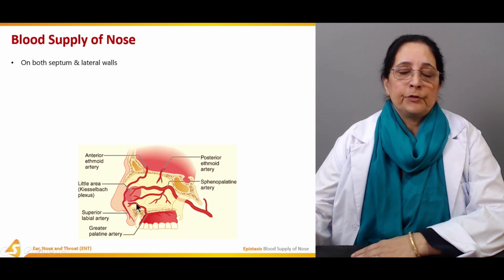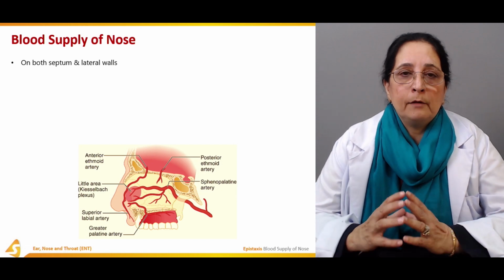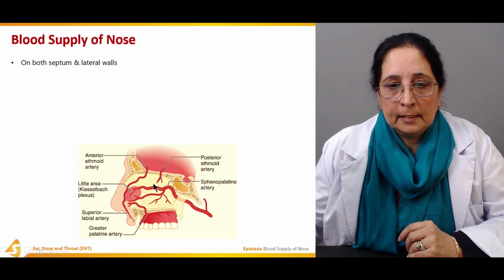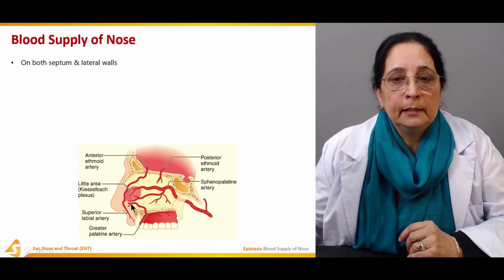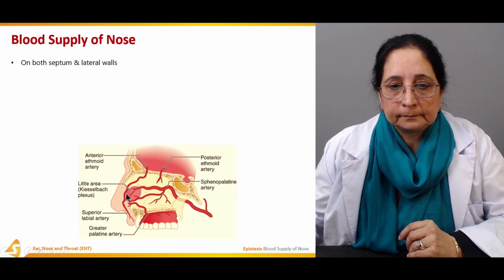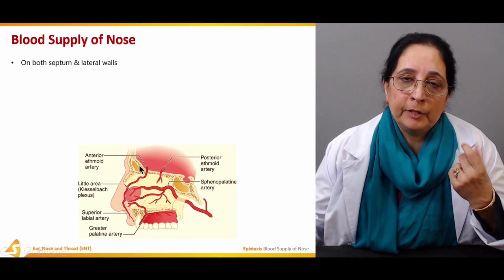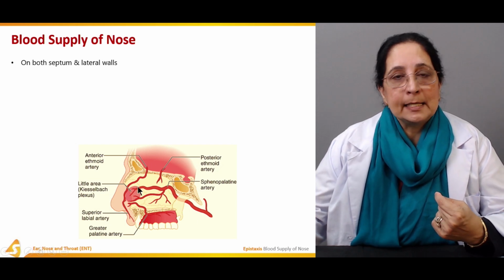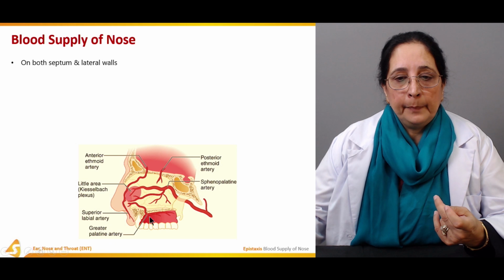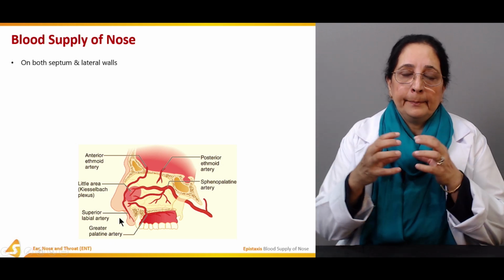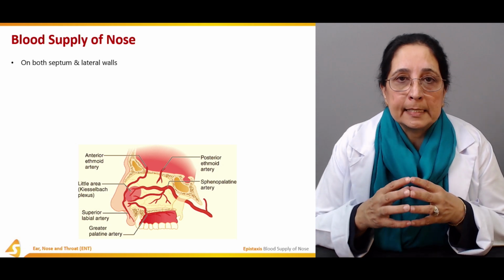All these arteries come together and form a plexus, and this plexus here is known as Little's area or Kieselbach plexus. So four major arteries: anterior ethmoid, sphenopalatine, greater palatine, and superior labial artery, come together and form a plexus.